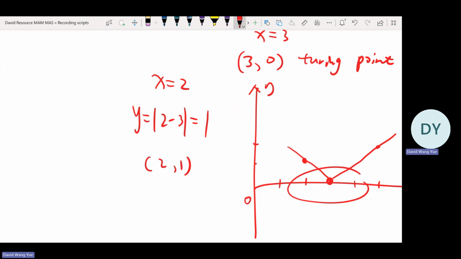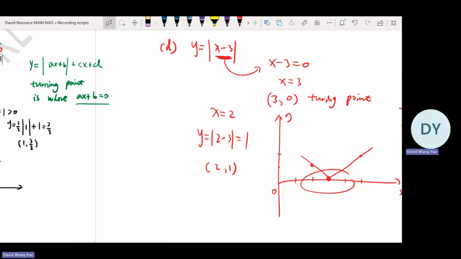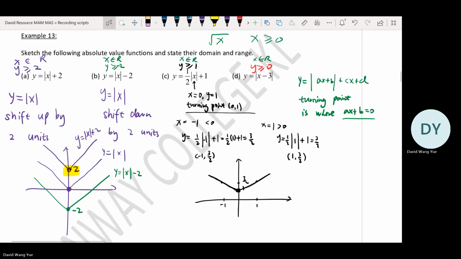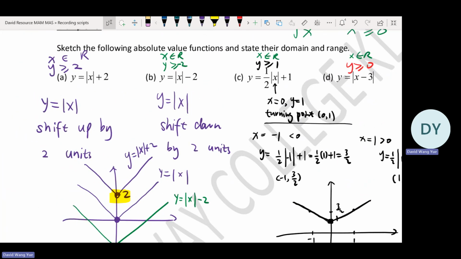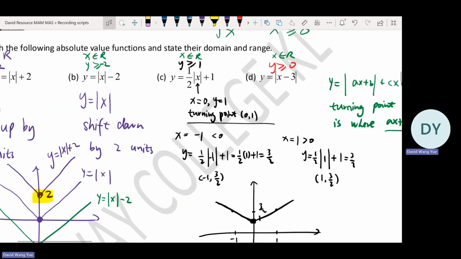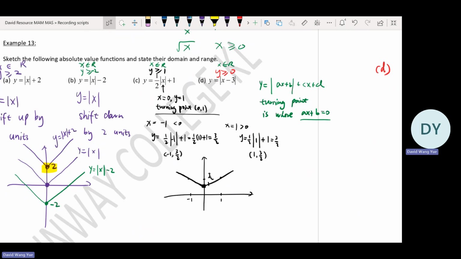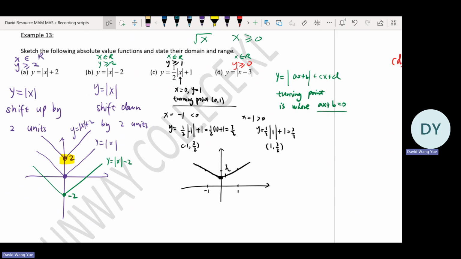You can just call it the minimum, and the minimum is at y equals 0. So for these 4 functions, the first 2 I used translation. The last 2 I used the idea of turning point to work out. After you sketch the graph, then you can tell the range of the y values.